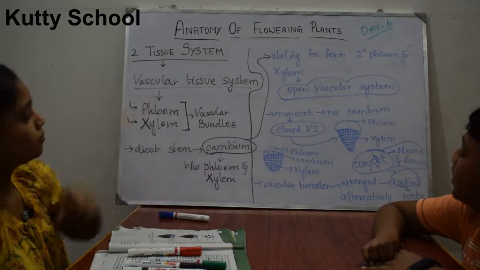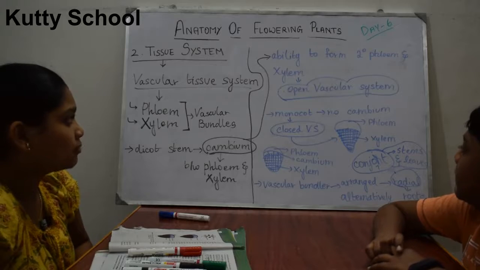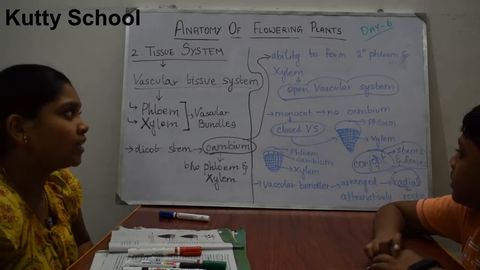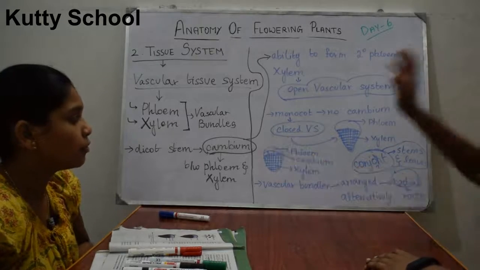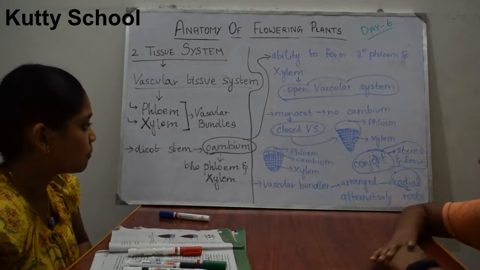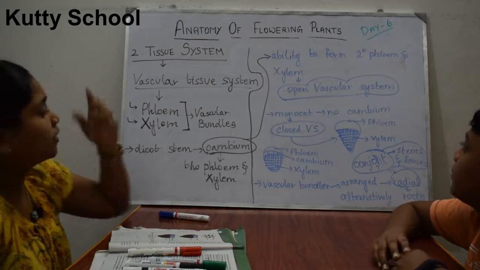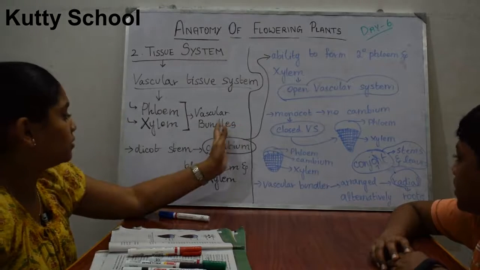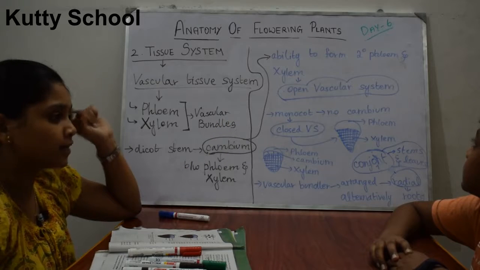This is from the top view. So these dicot stems have the ability to form secondary phloem and secondary xylem.